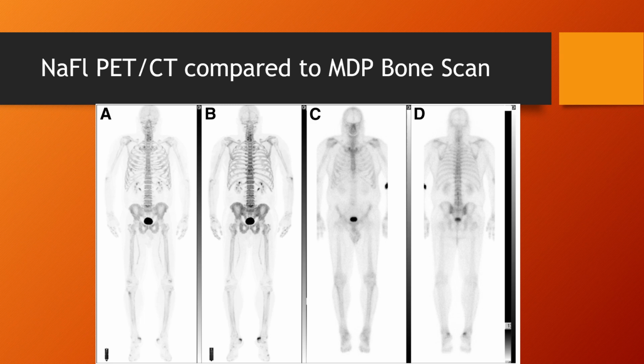And so just the physics of that, you have a lot more counts, but you also have a better target to non-target ratio. You see a lot more detail in the spine and in the ribs than you see on the MDP study. And also, if you look at the degenerative changes around the patient's heel and their feet, it shows up a lot clearer on the PET study.